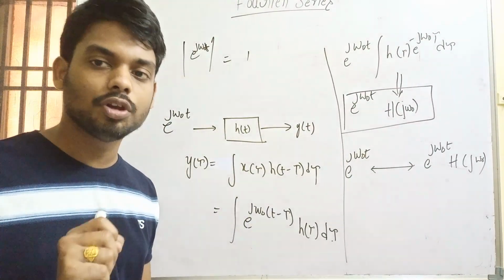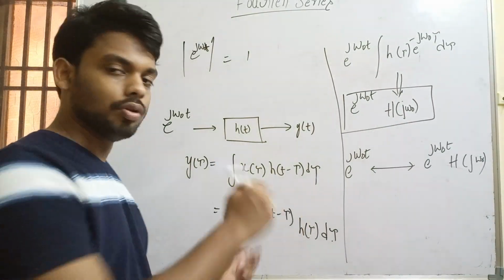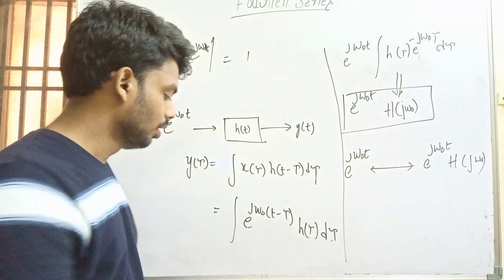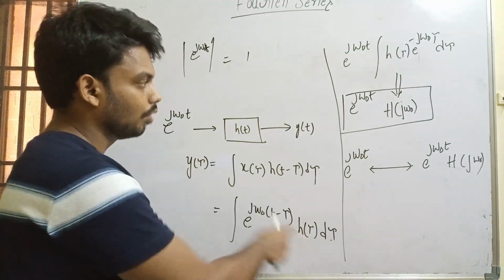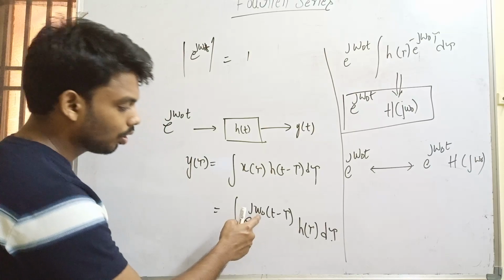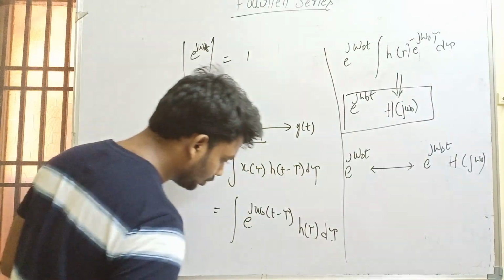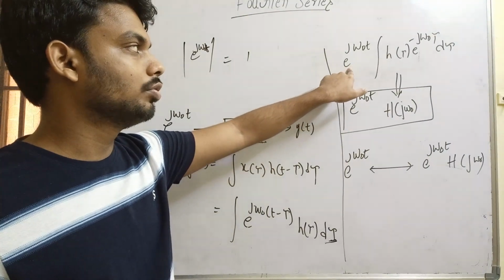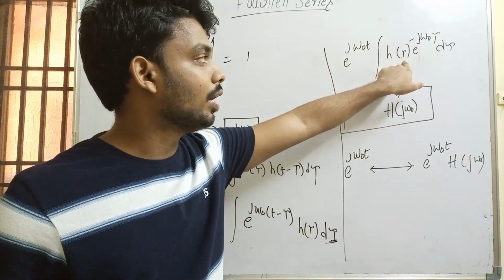As convolution is commutative, you can reverse the order as well; it doesn't matter. As the integration is only over the variable tau, I can take e power j omega naught t outside and perform the integration.